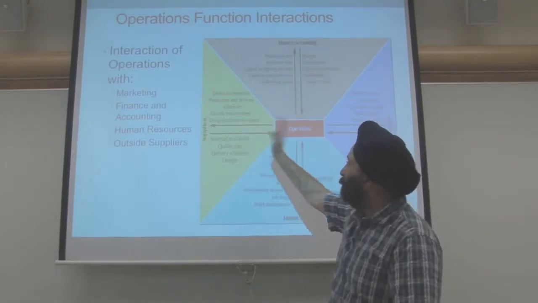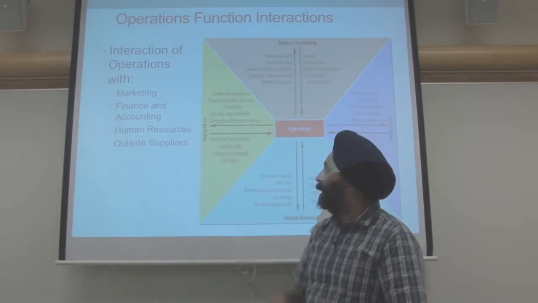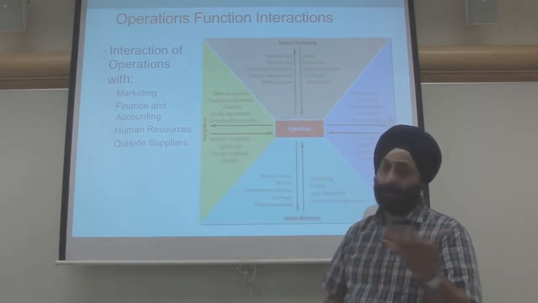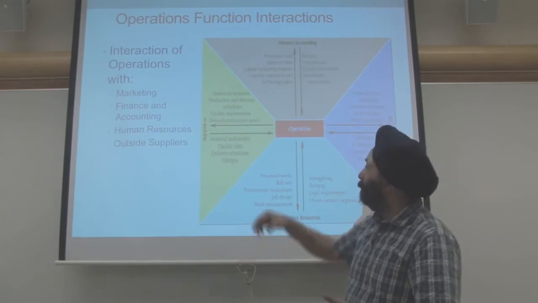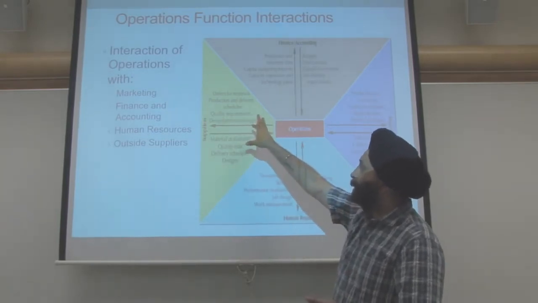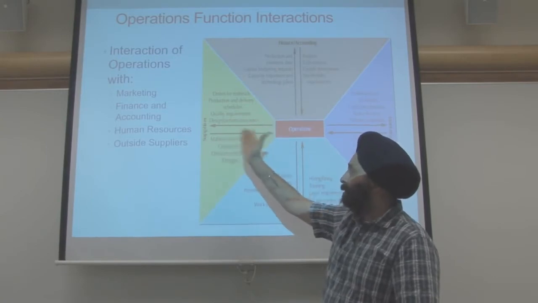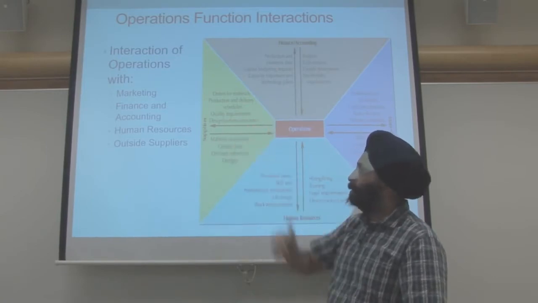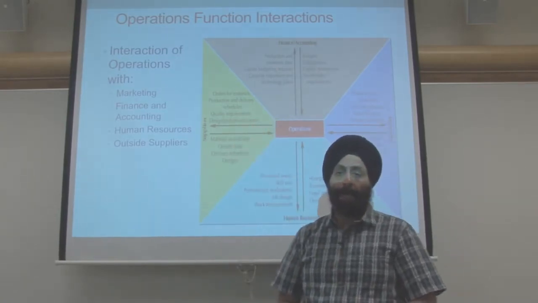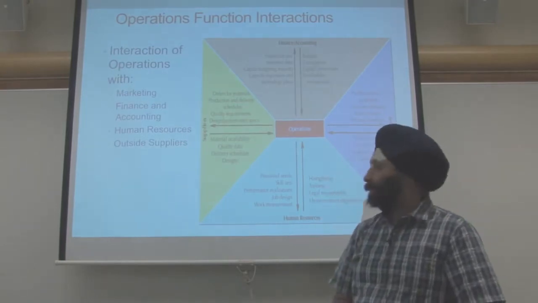And then operations will provide the following information to suppliers: orders for material, what they would want for their own internal production, production and delivery schedules, when they need that raw material, what quality requirements they expect from the supplier, and what specific design and performance specs they have.